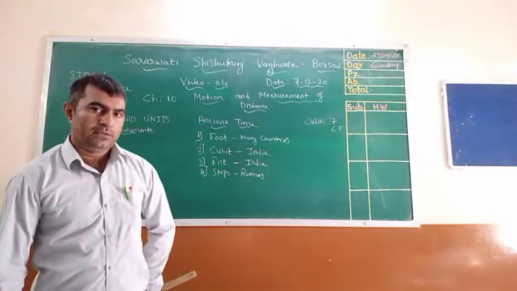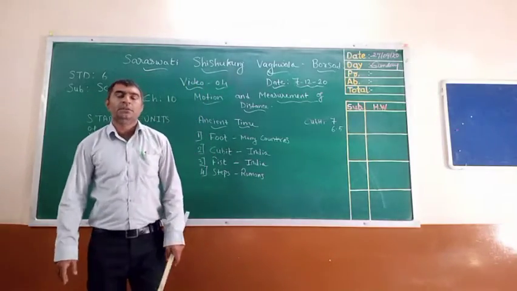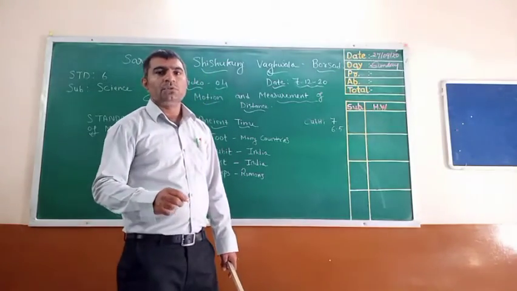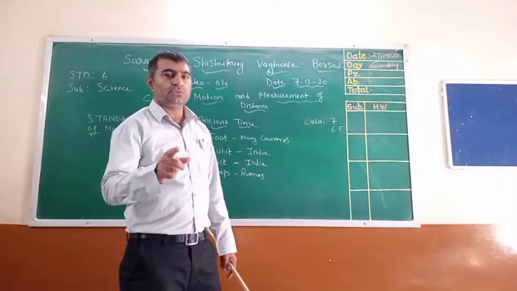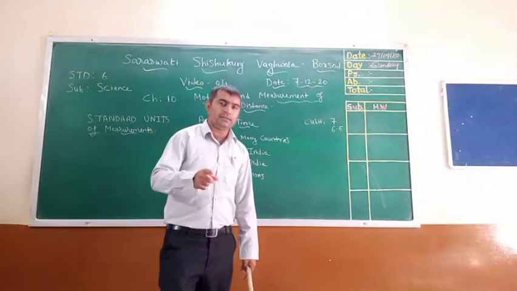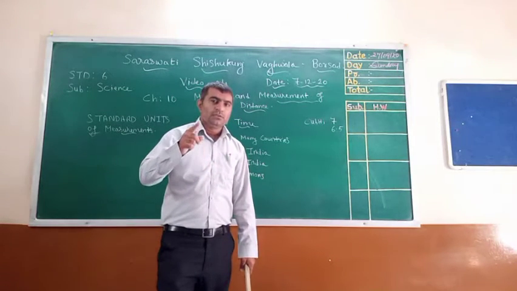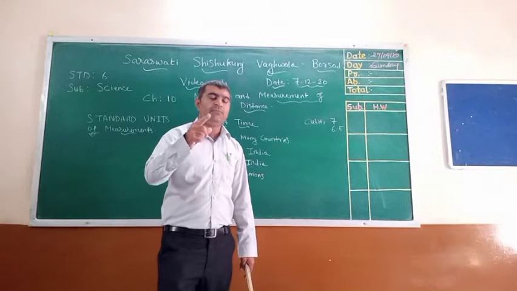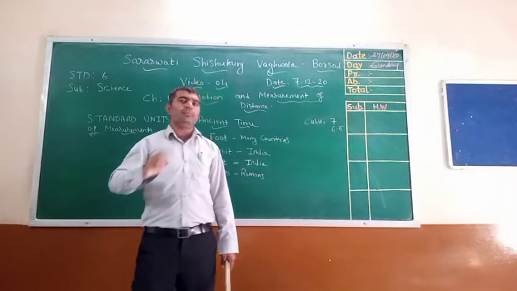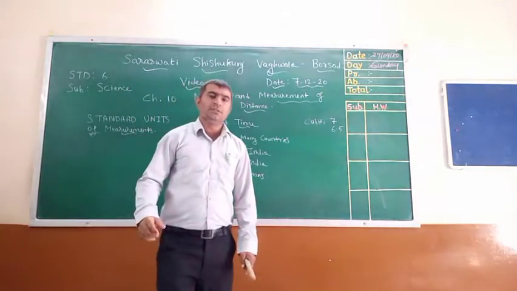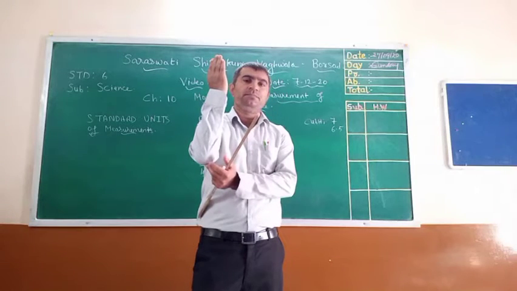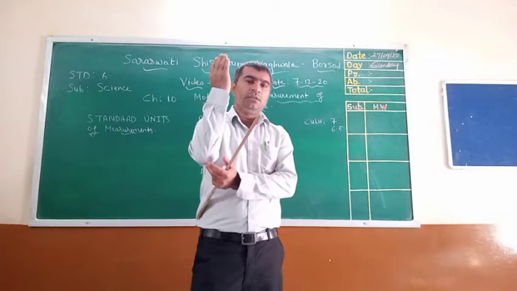In India, some body parts are still used by farmers to measure length. Suppose you discuss with your parents, the farmers: when they dig a well, people use this cubit to measure the height of the well, right?